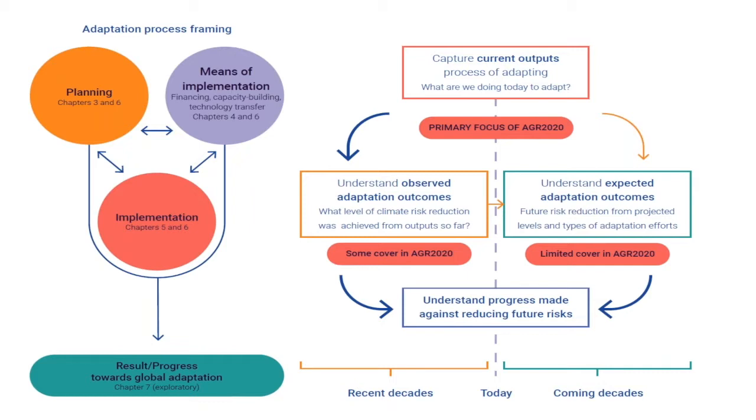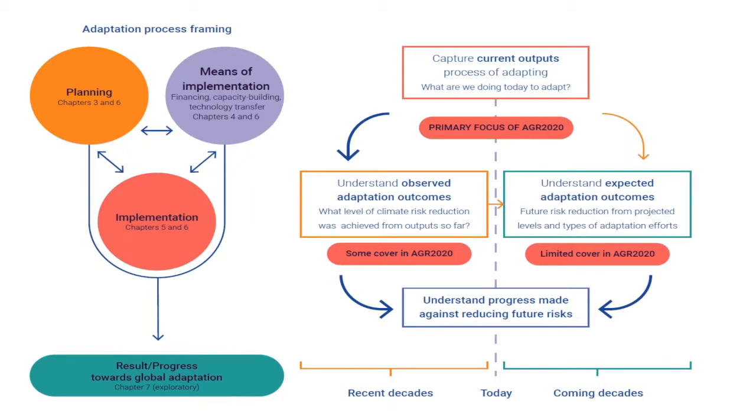Such outcomes can be further split in two, as indicated in this figure. Observed outcomes, that is the outcomes that we can observe already today, and the expected outcomes, that is the outcomes that we are expecting from currently planned adaptation efforts in the future. Outcomes are unfortunately much more tricky to quantify with current methodologies, and assessment of outcomes in the Adaptation Gap Report is therefore, at least for the time being, only possible to a limited extent and more qualitatively than what is possible for outputs.